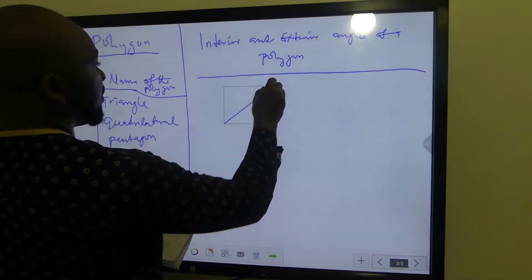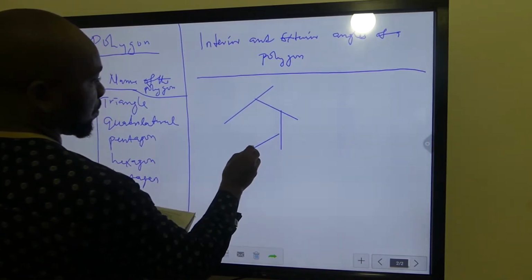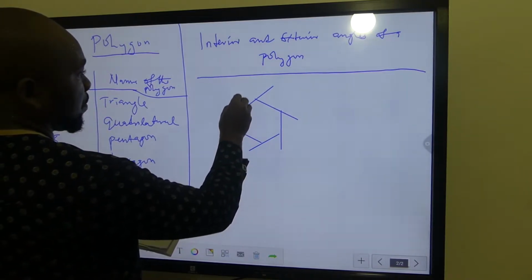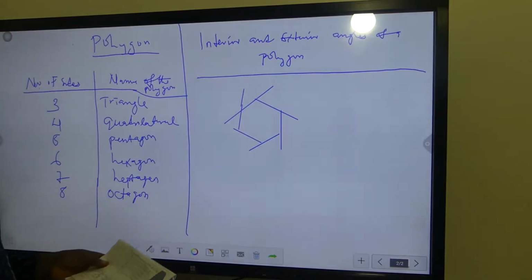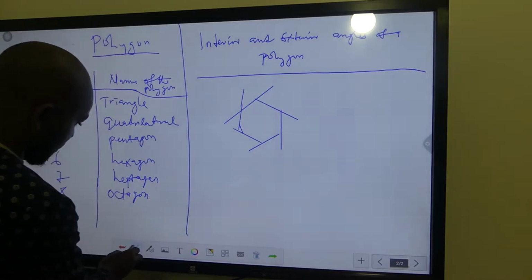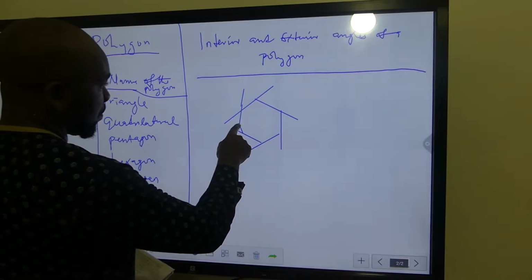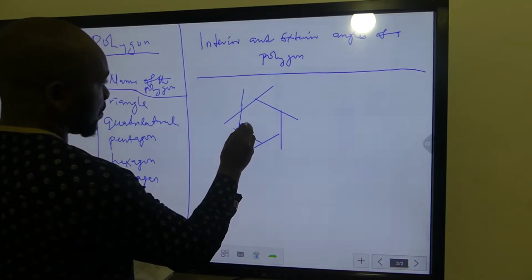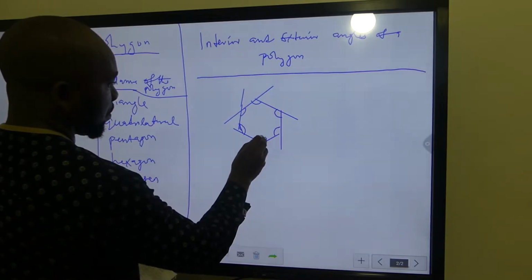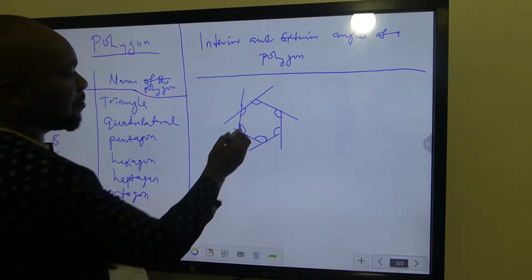You can have a shape like this. All these angles formed inside are interior.